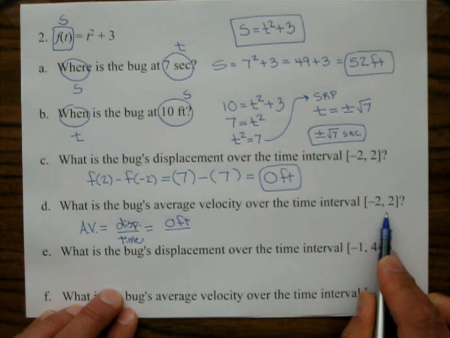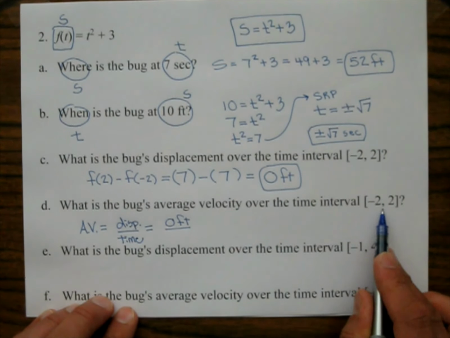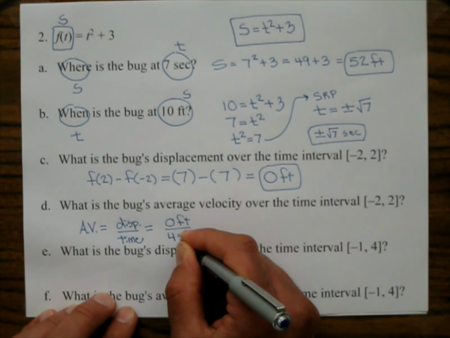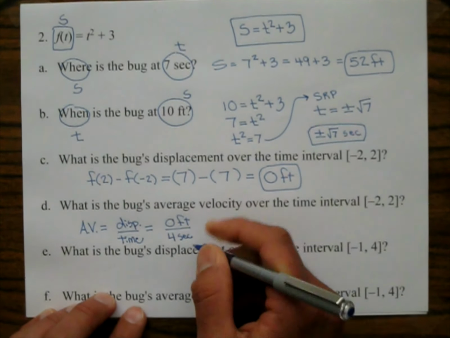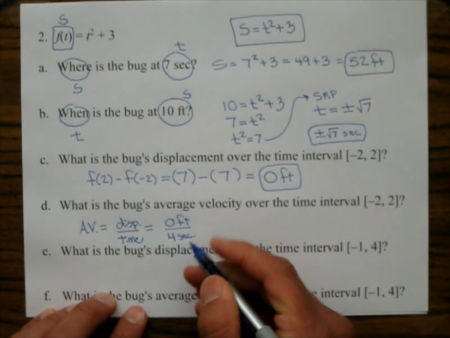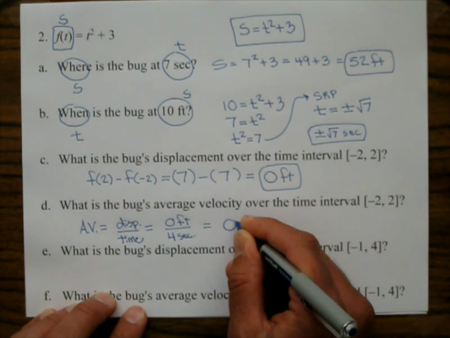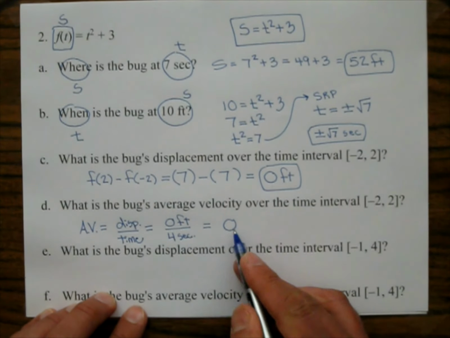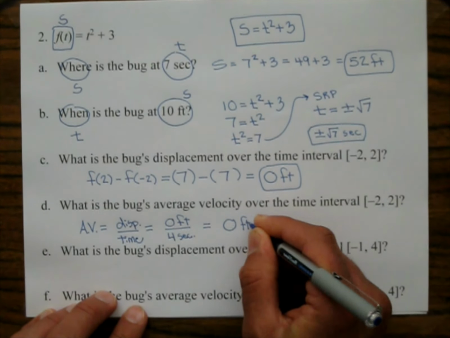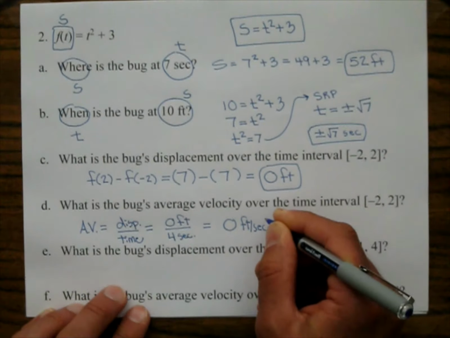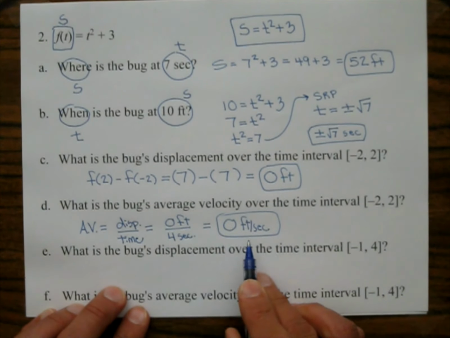And the time, well, it looks like there's 4 seconds there. And so 0 over 4, when you have 0 on the top of the fraction, it's actually going to be 0, because we're saying what times 4 gives you 0. So it's 0 feet per second. The average velocity, 0 feet per second.